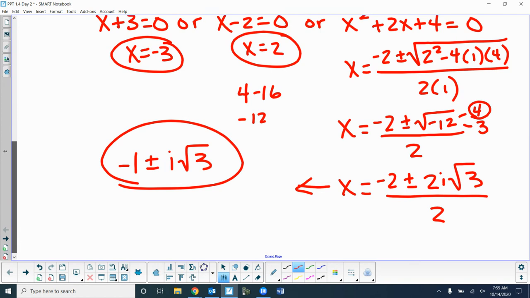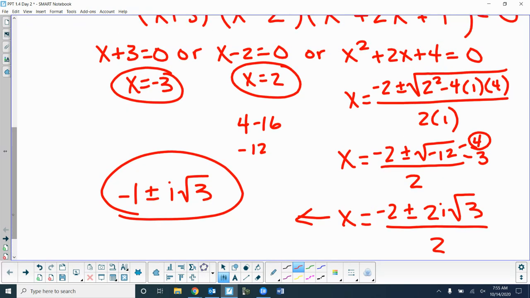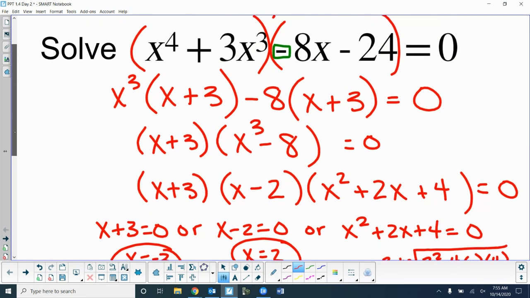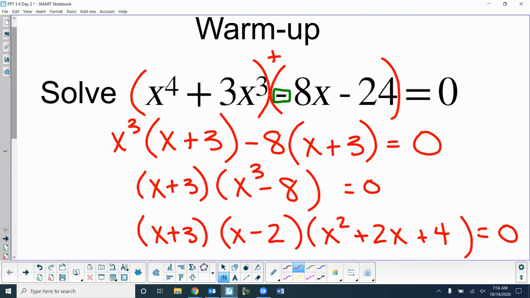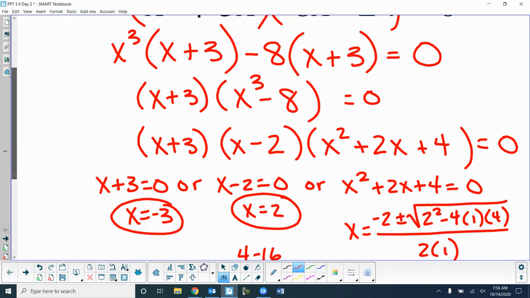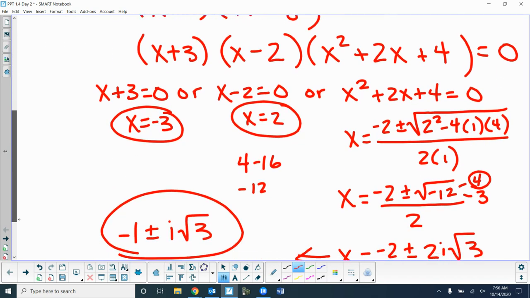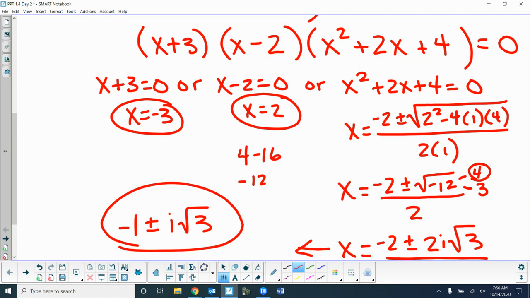So that was a grouping problem, but then it had a difference of cubes, which we reviewed again yesterday. Nothing new, but it had some work to it. But I expect you guys to be able to do that type of problem. Okay? Any questions?